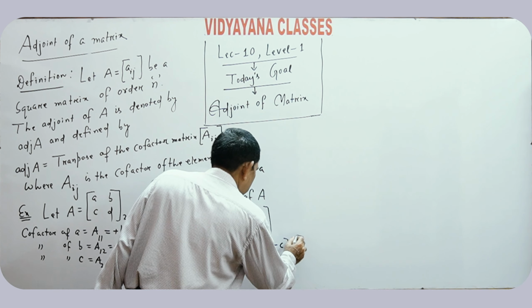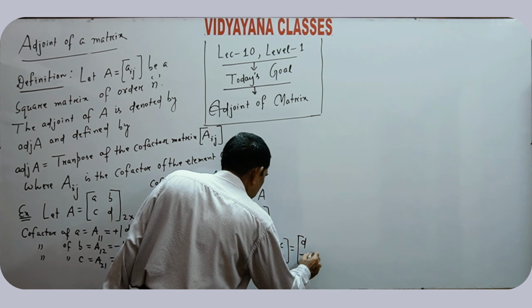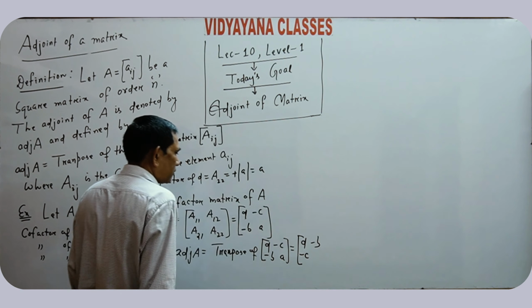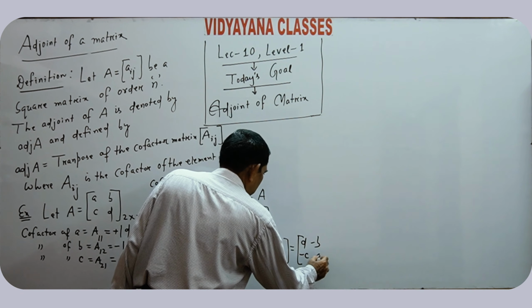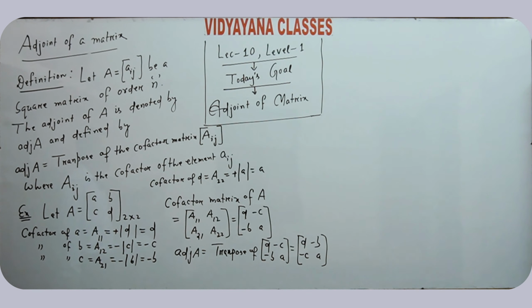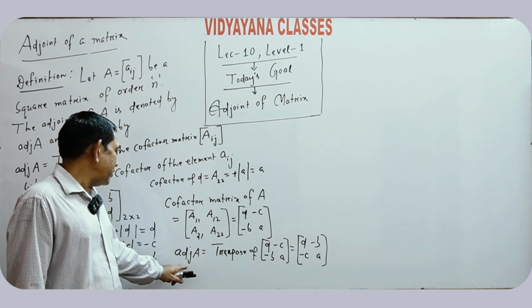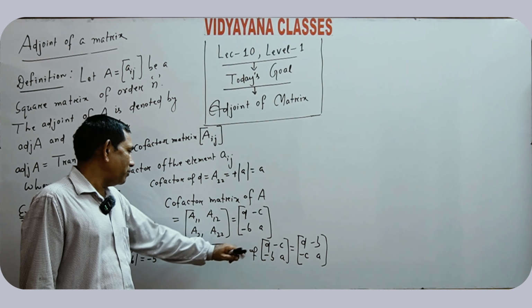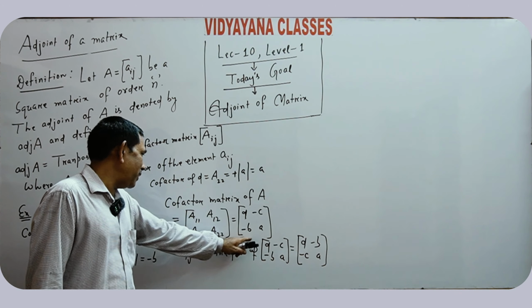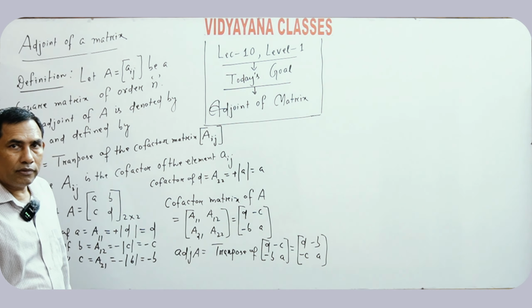It gives d, minus b, minus c and a. Clear? Adjoint of A is the transpose of the cofactor matrix of capital A. Clear? Okay.